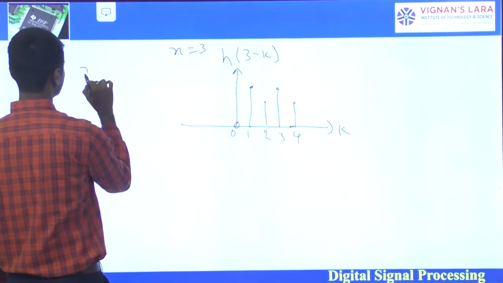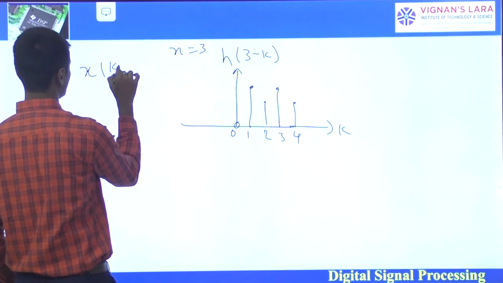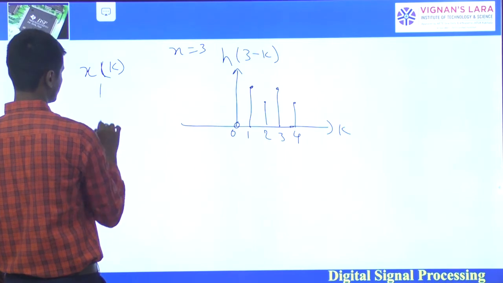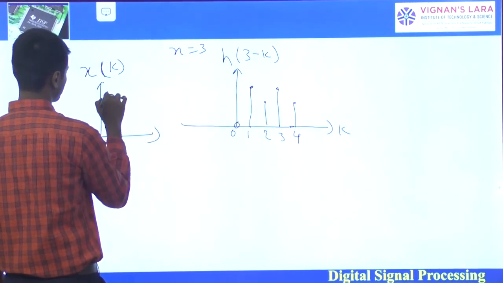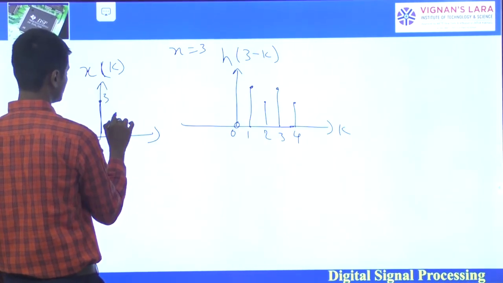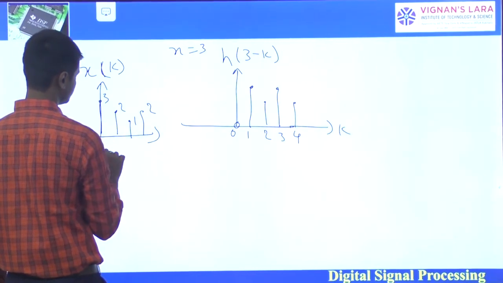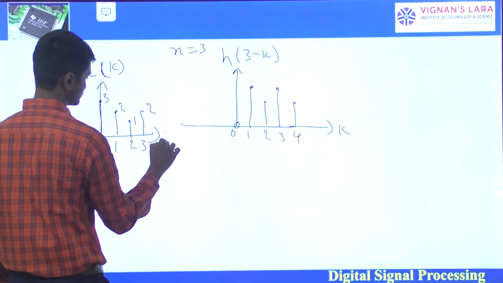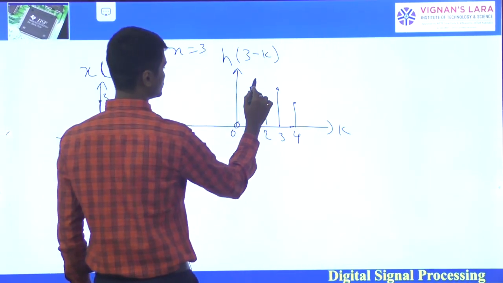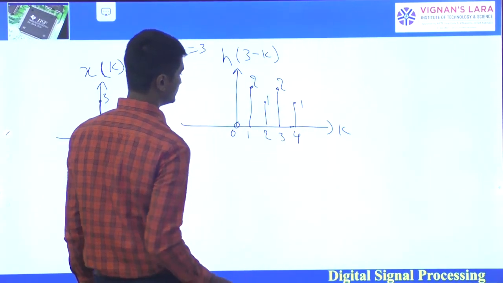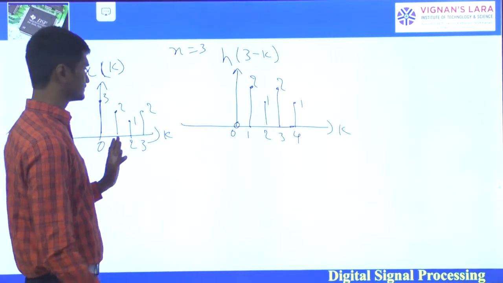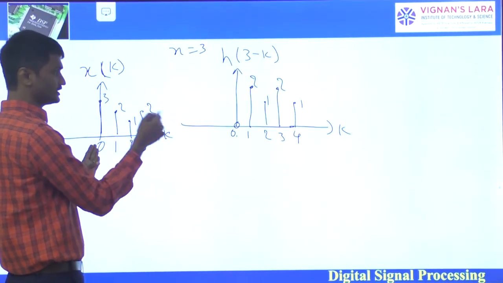Now multiply with x of k. X of k is 3 2 1 2. So now here it is 2 1 2 1. Here there is no sample, so 0 into 3 is 0.